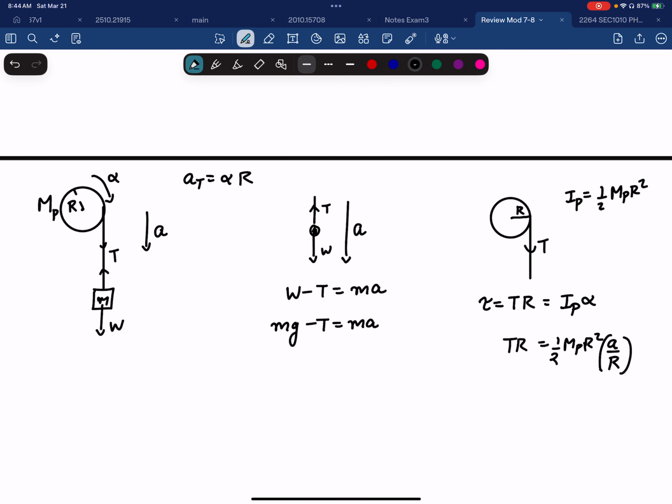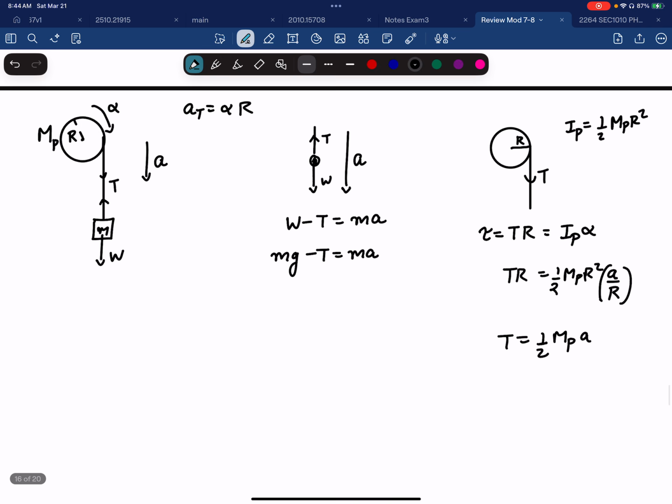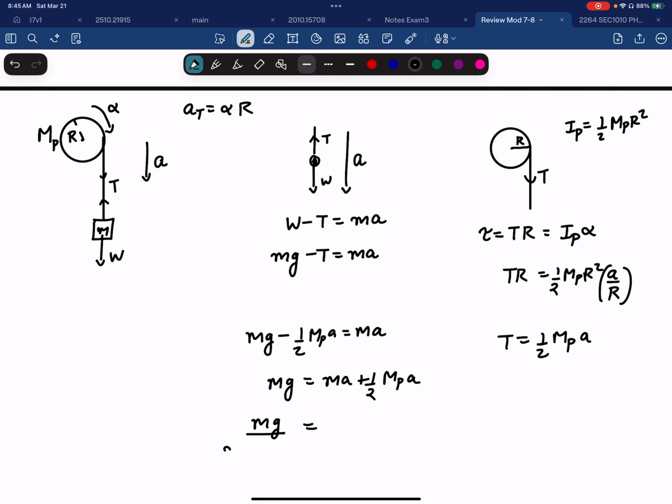So you do the calculation, you find out in terms of this tangential acceleration, you find out the force, right? So you put it back, you have the same thing here. Again, mg minus ma equals half MP a. This basically gives a equals mg divided by M plus half MP. Good.